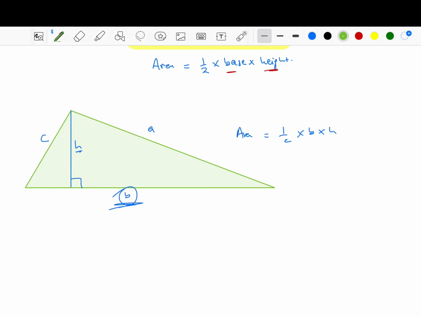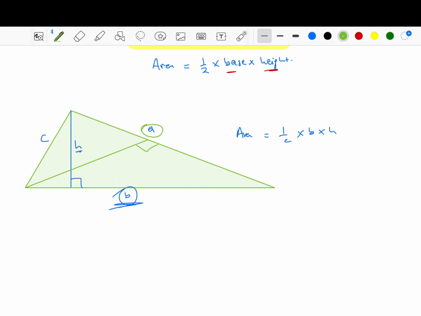For example, you can also identify A as your base of the triangle. Then you need to ask, if A is the base of my triangle, can this be the H line, where it is perpendicular to the base?